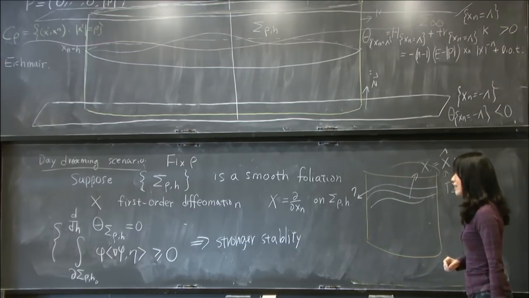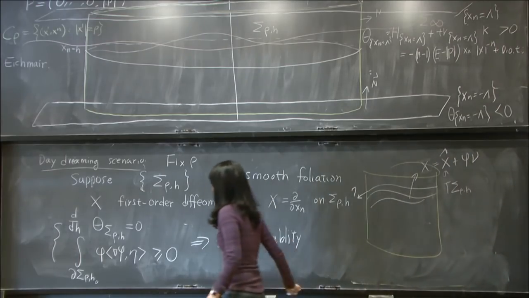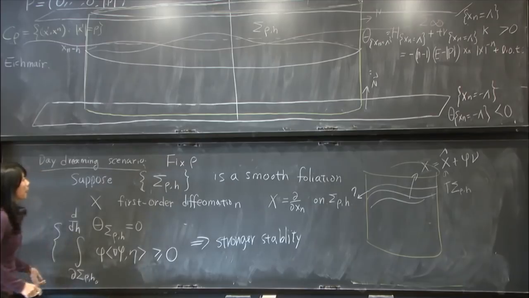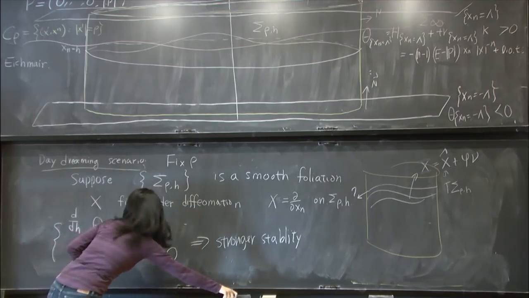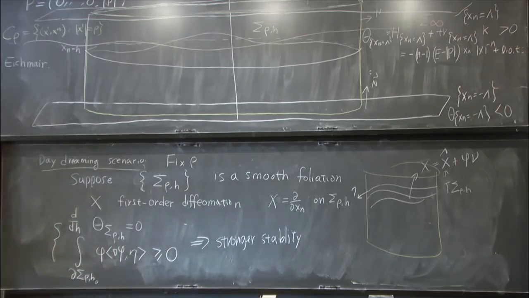And now the upshot is we compare to the minimal surface case. This term is actually coming from the boundary term of the first variation.